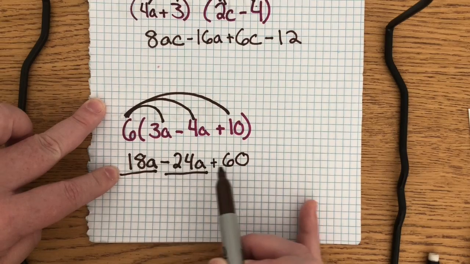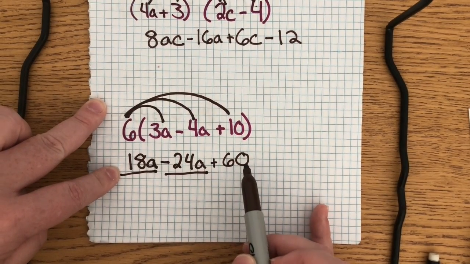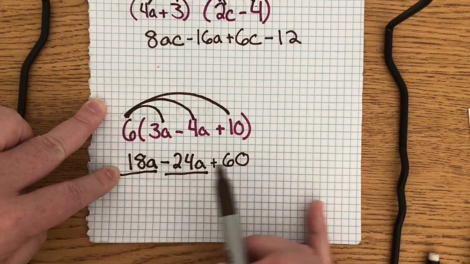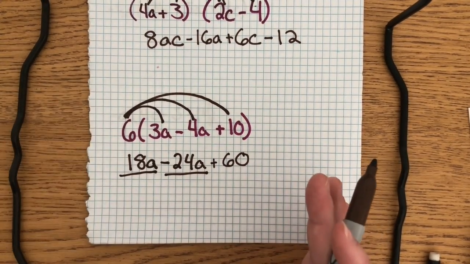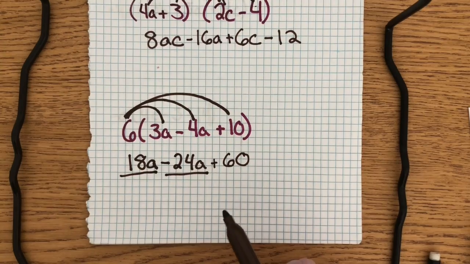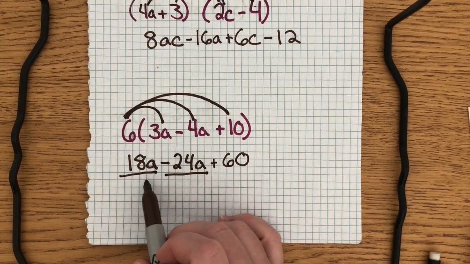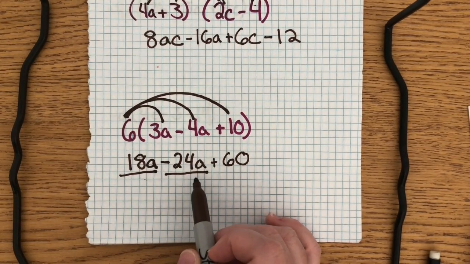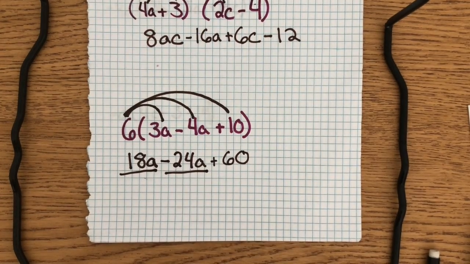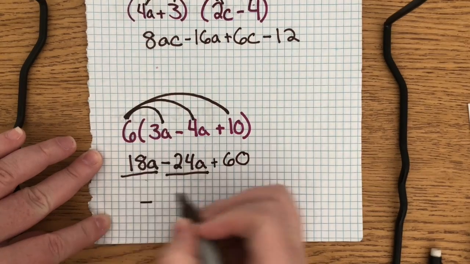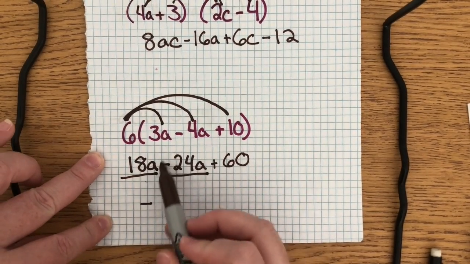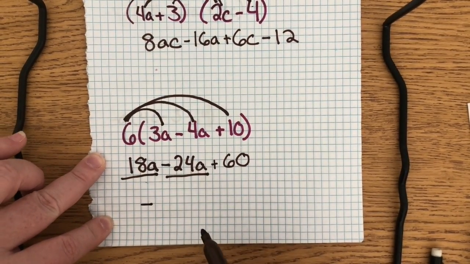But once I distribute, now I'm having an addition or subtraction problem, so the like terms is an issue. So now it is 18a and 24a. Well, we're going to end up with a negative, okay, because the larger number has the minus sign attached to it.